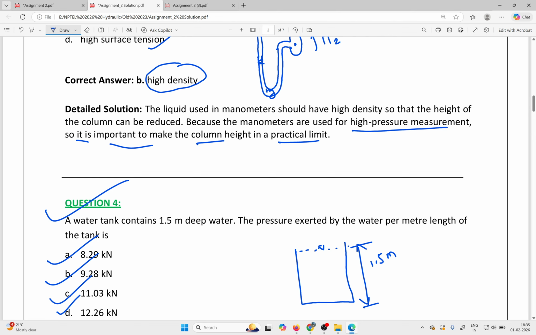Length means, like that you have the tank, and the length of the tank is 1 meter.